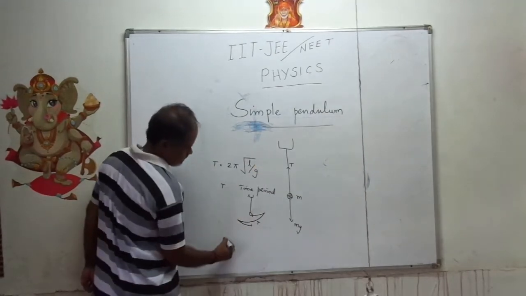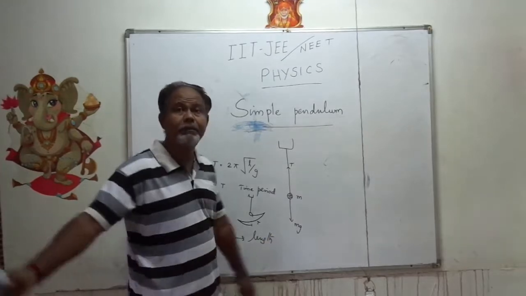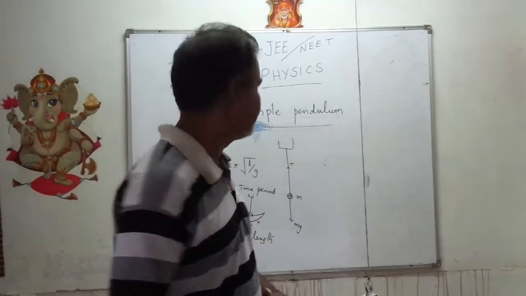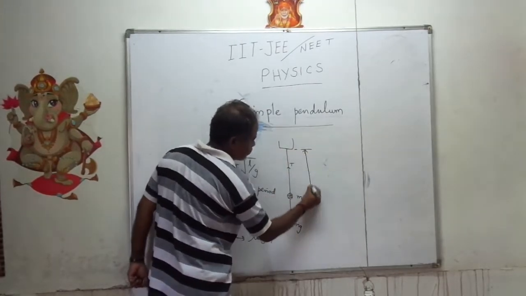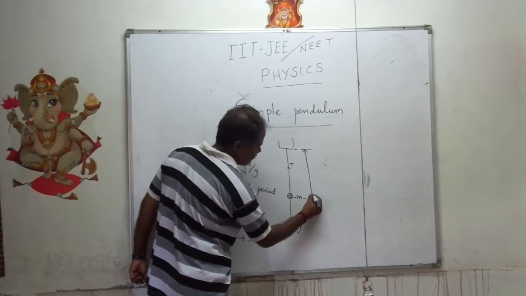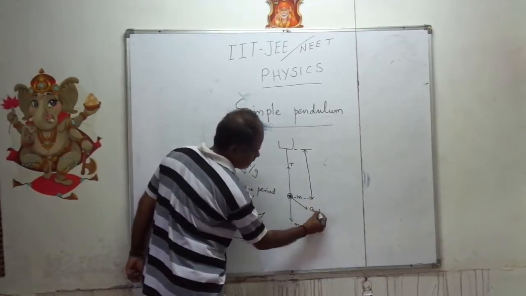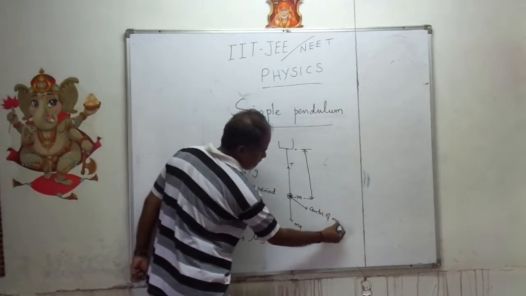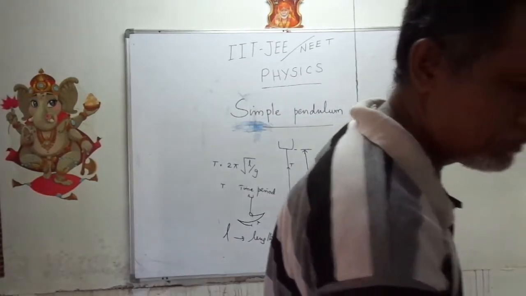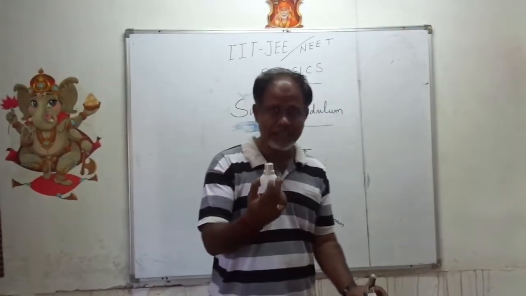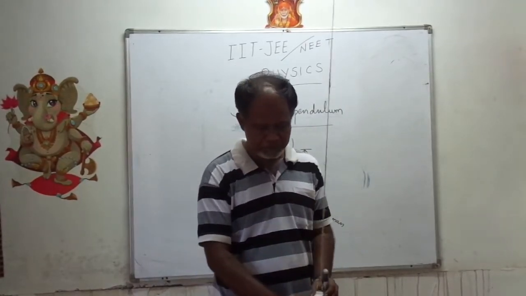Okay. What is L? L is the length of the simple pendulum. What is the length of the simple pendulum? From this point to this point. What is this? This is called the center of mass. For example, if you consider this small lamp I am using for oscillation, let it be the center of mass.